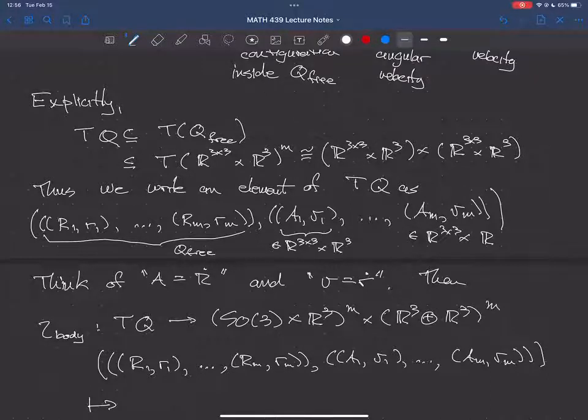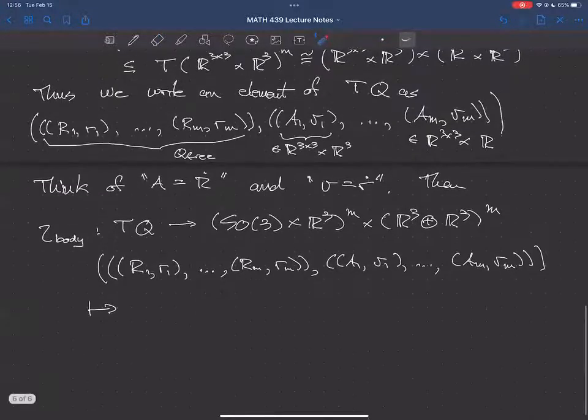And so the point is that this is the Q free part, and this is going to be the velocity part. So here I go. The Q part is the same. So I'm mapping here into here, and it's just the identity on that part.